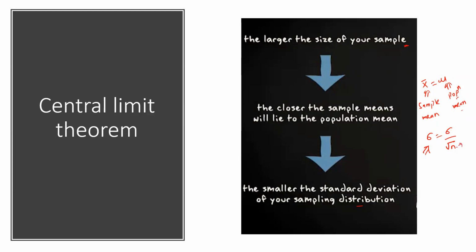So if n goes high, then the standard deviation goes low, right? If your number of samples is high, then your standard deviation should be small. So these are the properties of the central limit theorem.